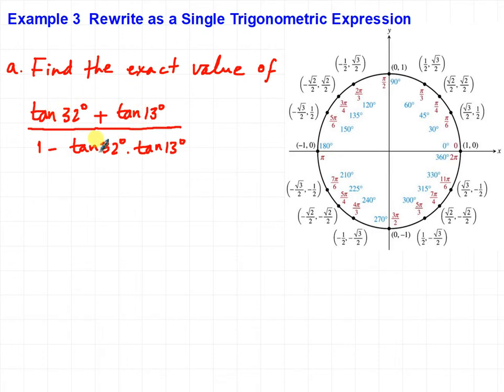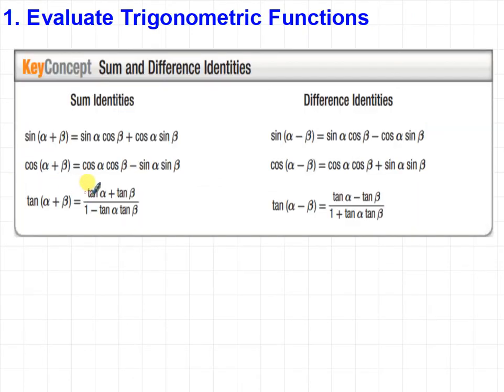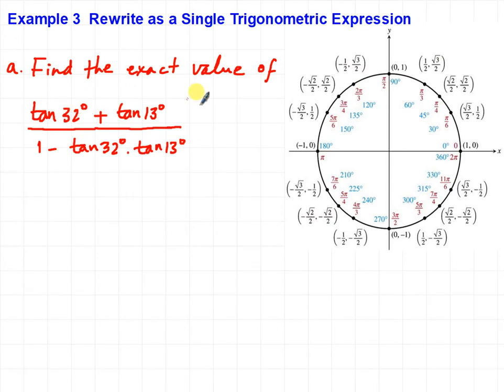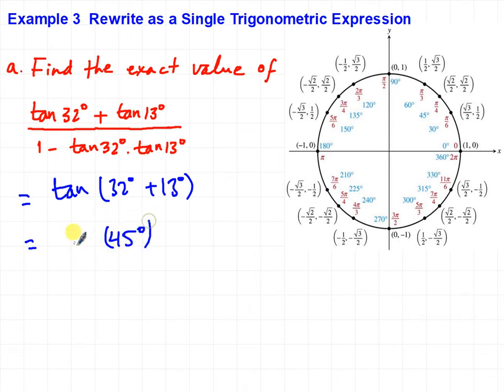As you notice here, this is like the other end of the sum identity for tan. You are given this part of the equation, tan plus tan over 1 minus tan times tan, right? So this can be simply written as the tan of A plus B, tan 32 degrees plus 13 degrees. We can add those two angles, those two numbers. This will be tan 45.